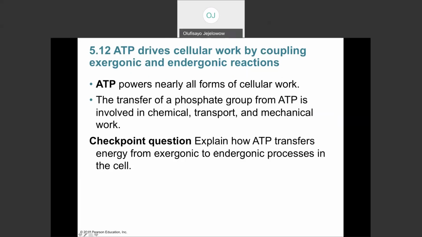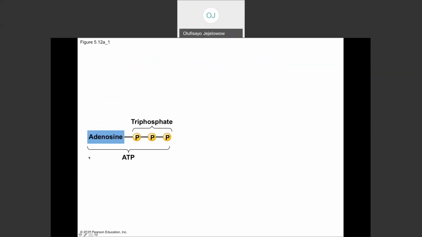Checkpoint question, explain how ATP transfers energy from exergonic to endergonic processes in the cell. So ATP, adenosine triphosphate, is adenosine with one, two, three phosphate groups attached to it. These are high energy bonds that join the phosphate group to the adenosine nucleoside.